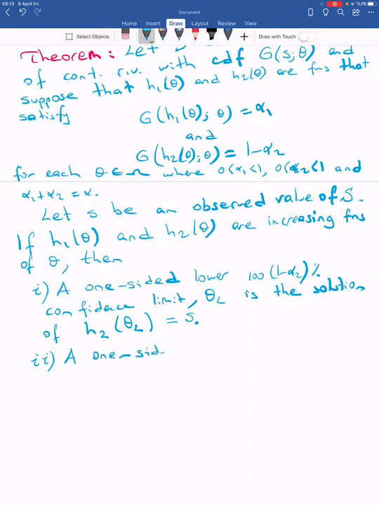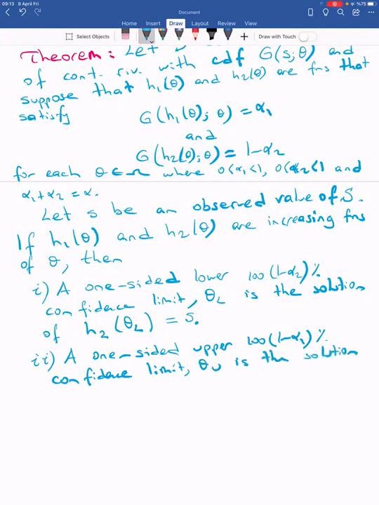For the one-sided upper 100 times 1 minus alpha 1 percent confidence limit, theta U is the solution of H1 theta U equals S. We are using the lower bound for the sufficient statistic, equating it to the S value, replacing theta by theta U and solving for theta U. That theta U will be your upper bound for theta.